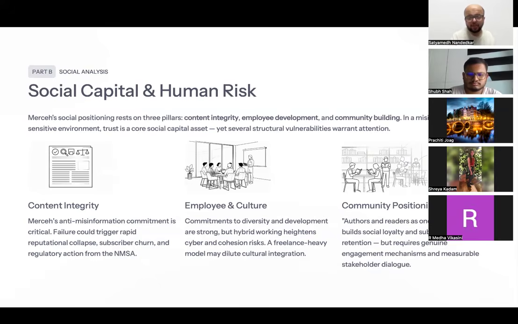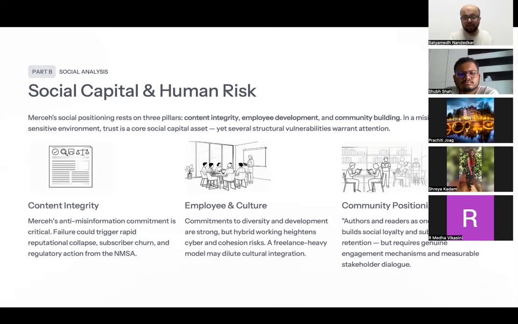Social capital and human risk, which is the S of ESG. ठीक है. यहाँ पे companies content integrity, the very fact that company is saying we will not promote any false content, or we will not put out any information that is not verified. This is the claim that the company is making. If at all this is violated in some place, again the company's reputation will suffer.